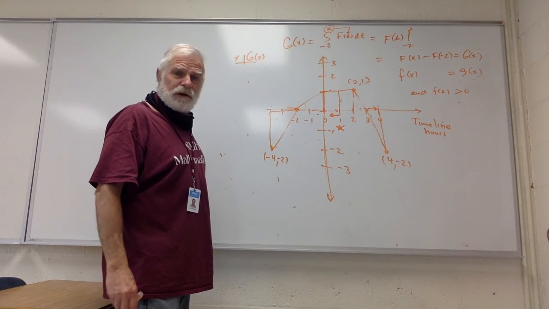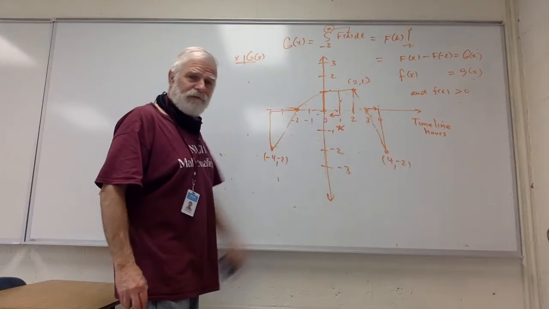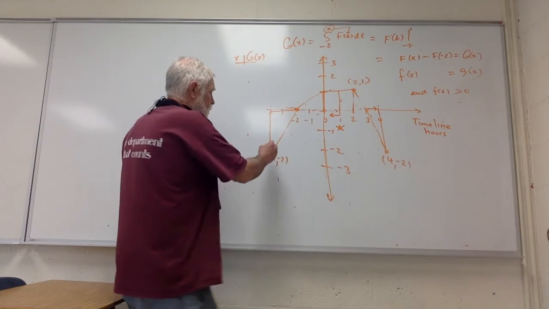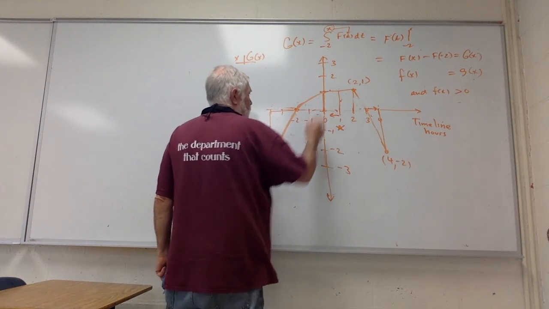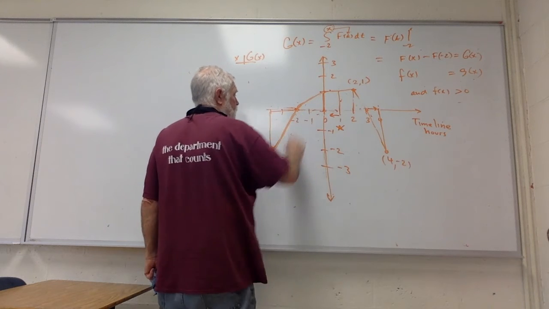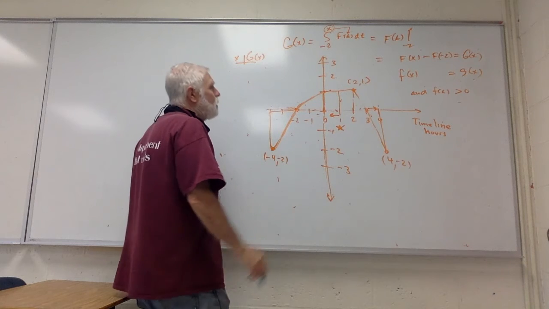Well, where's she accelerating? Any place on that curve that has a tangent to this graph that's positive. Okay, well, that's from here to here and right there. Okay, that's going to be a concave up interval from -4 to 0. Why?